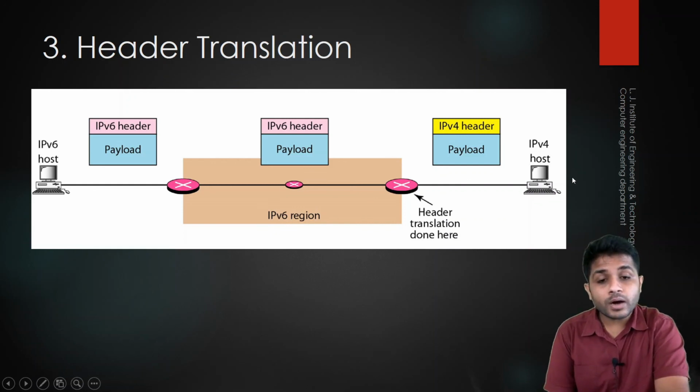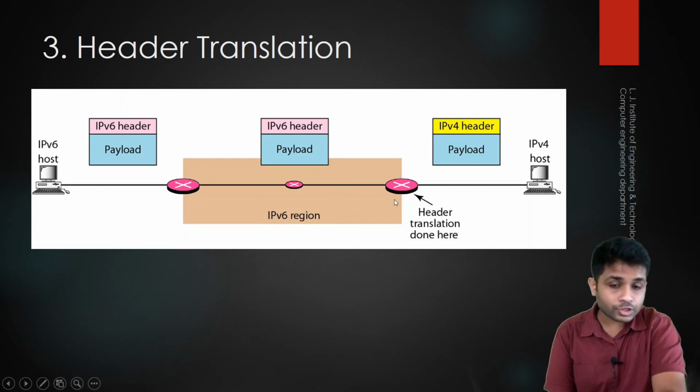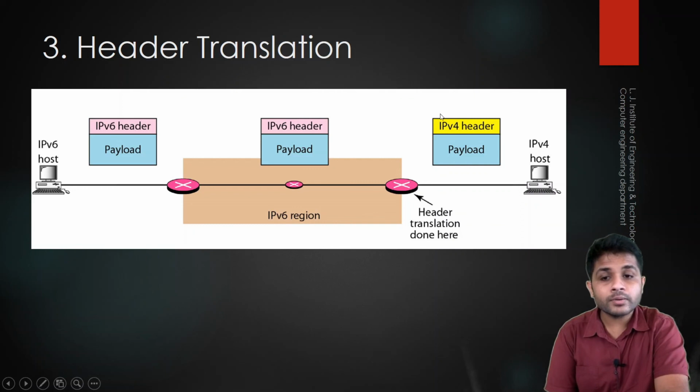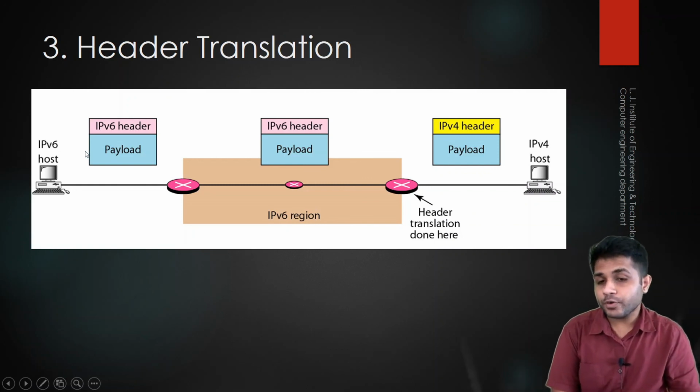And when the packet travels in the reverse direction, this router will unmap those packets, so it will again replace the IPv4 with the IPv6 header. This is how the transition from IPv4 to IPv6 works.